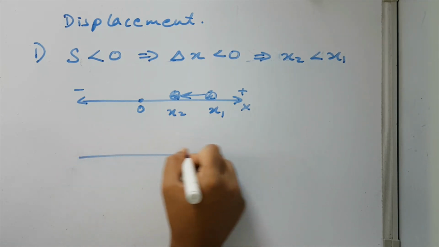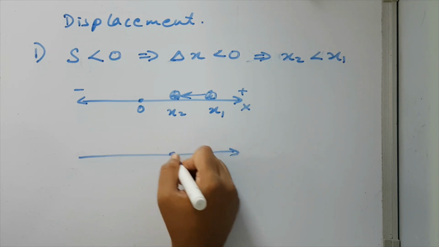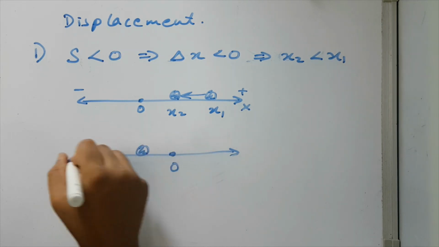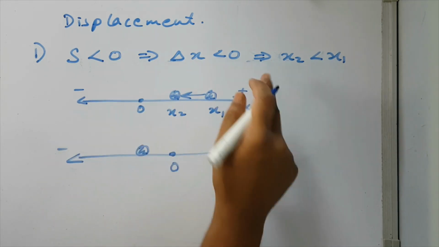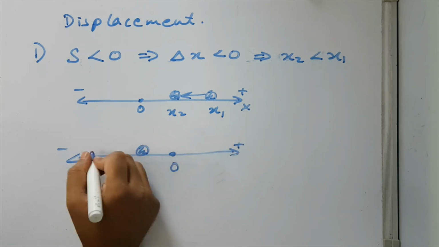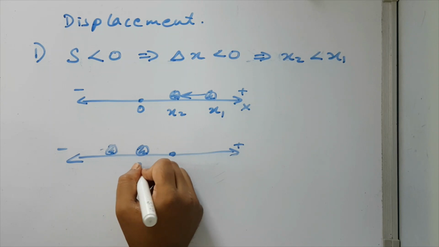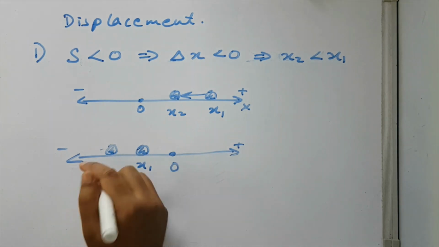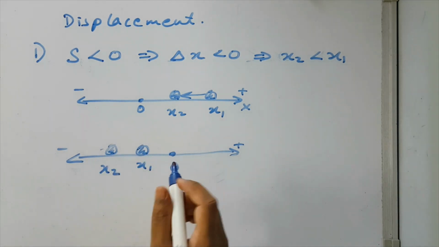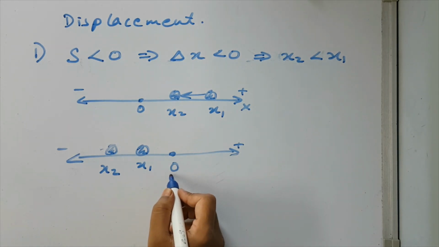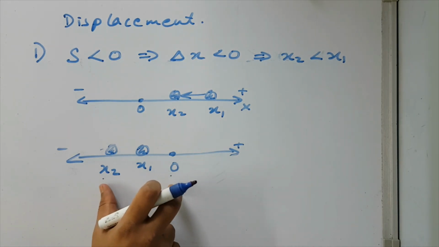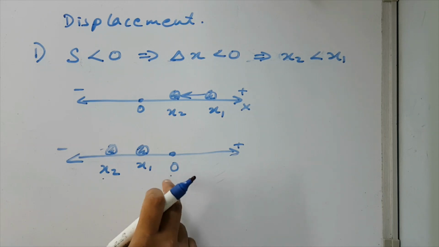And if the particle is on the negative side, again negative displacement implies it has to move towards the negative direction, and you could imagine that if this is x1, this has to be x2. Now don't get confused. You would say that the distance from the origin in this case is greater.